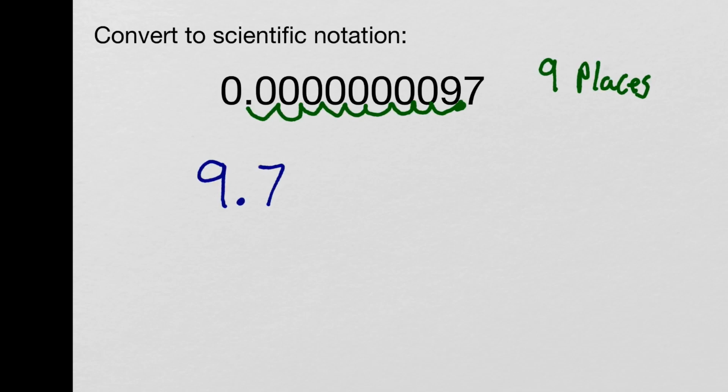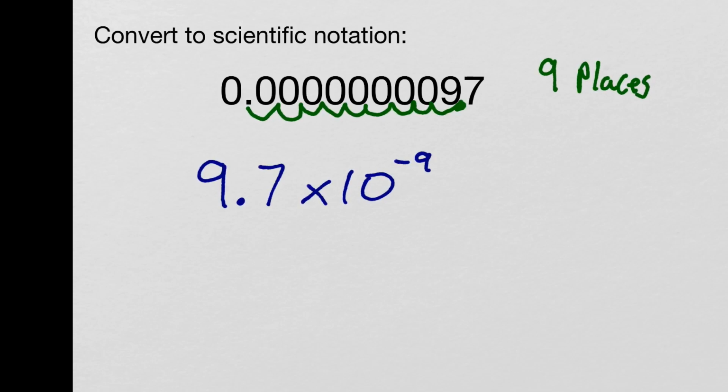And we need to be able to shrink this number, so we write times 10 to the negative 9, because there were 9 places over to the right. So that's all there is to it.